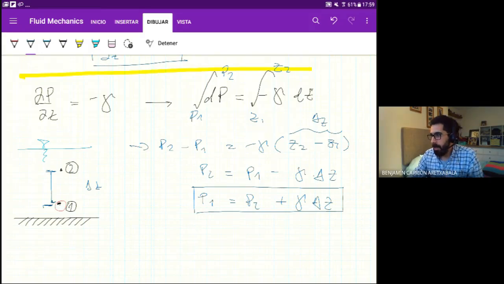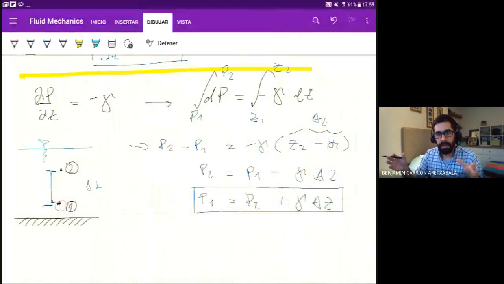And from here comes the idea of pressure expressed as meters of water. Have you ever heard that? I think I said that in the last class. An atmosphere is more or less equal to 10 meters of water, meaning that if you go below the surface 10 meters, you're going to have the same pressure that you have at atmospheric pressure.